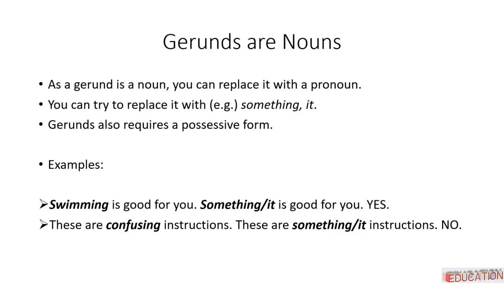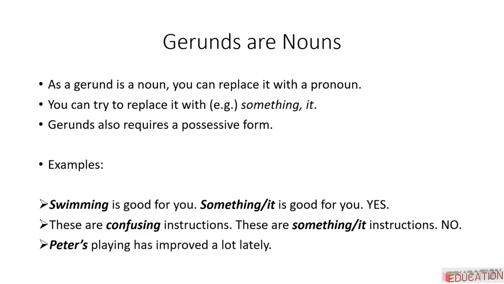No, that makes no sense. And this is because confusing here is not a gerund. It's describing the instructions. So in this case, confusing is an adjective. And adjectives cannot be replaced with a pronoun. And that's why the second sentence just looks and sounds odd.